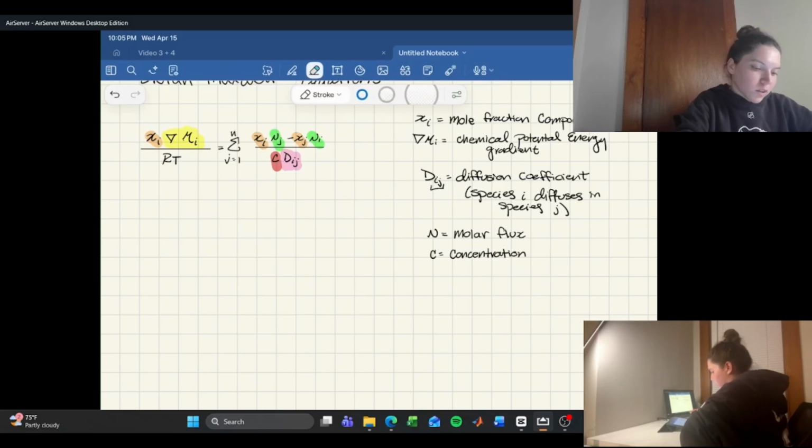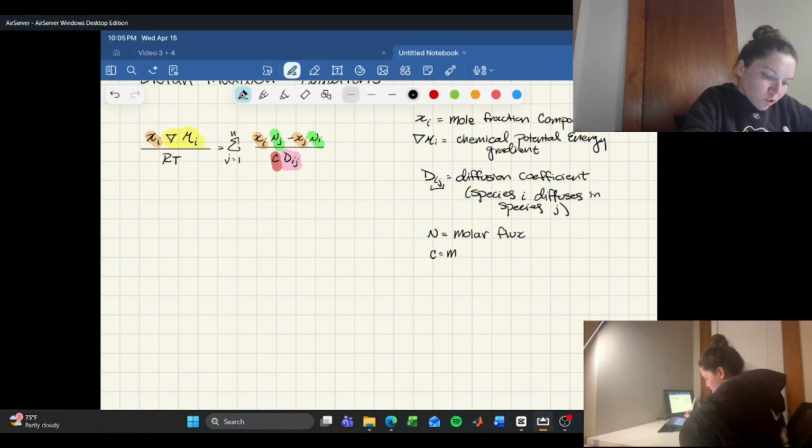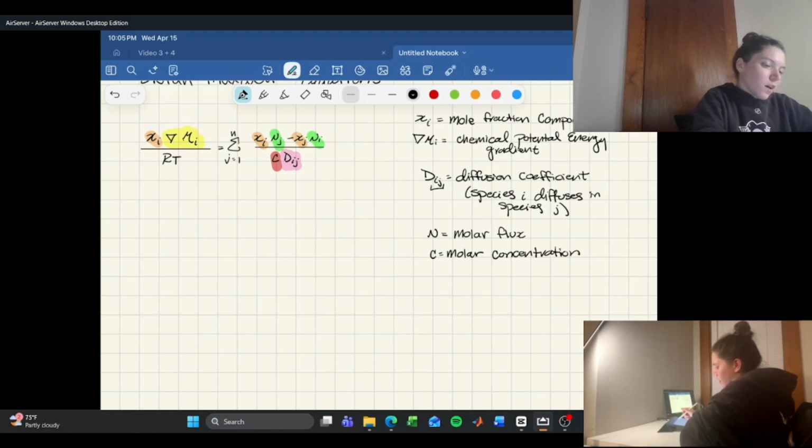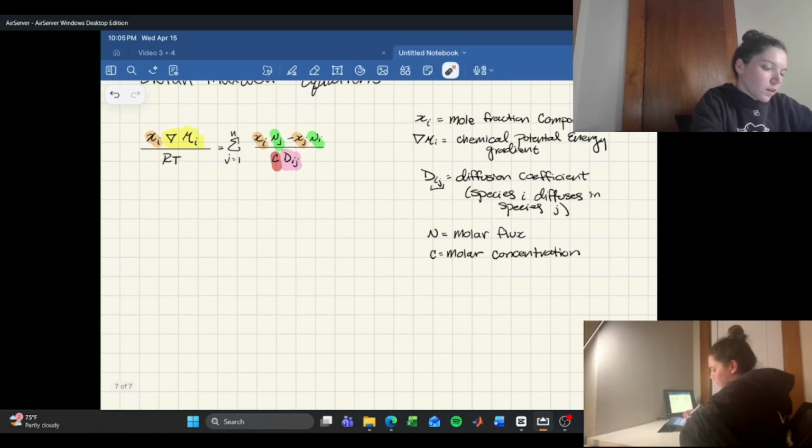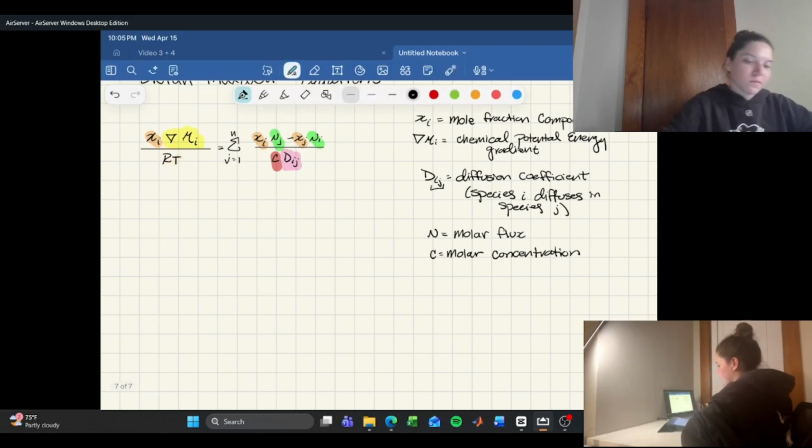Or rather, we can say it's the molar concentration, to be more specific. And then R is still the ideal gas constant, and T is still temperature.